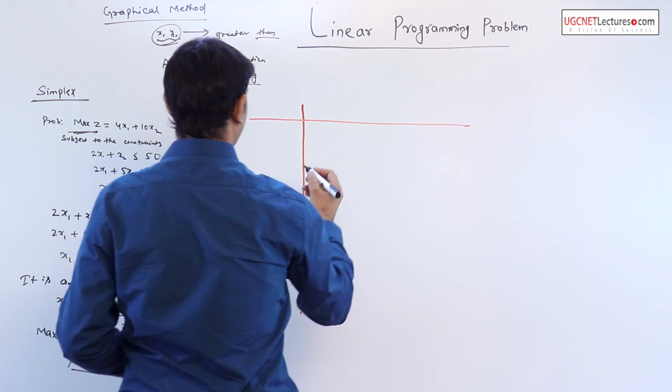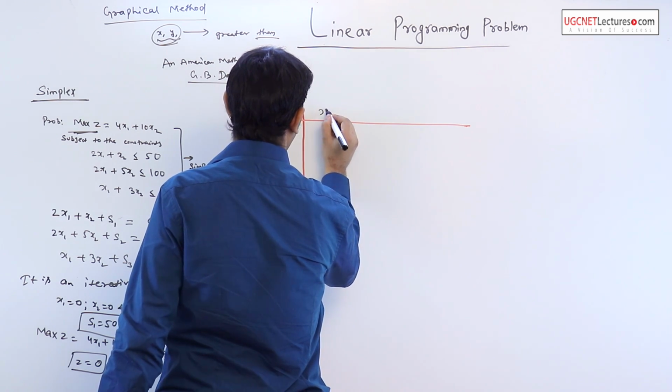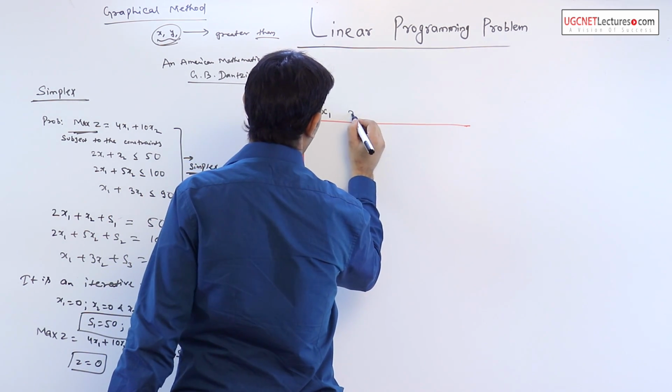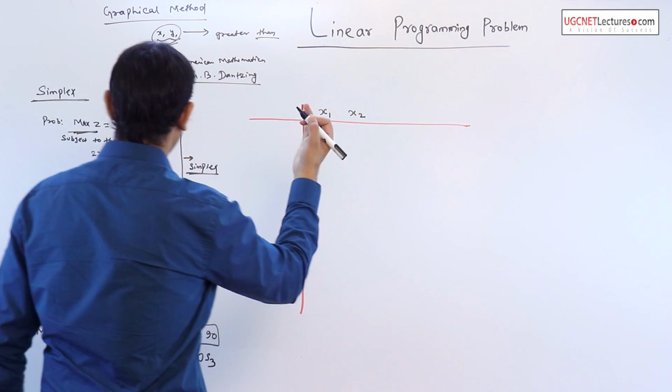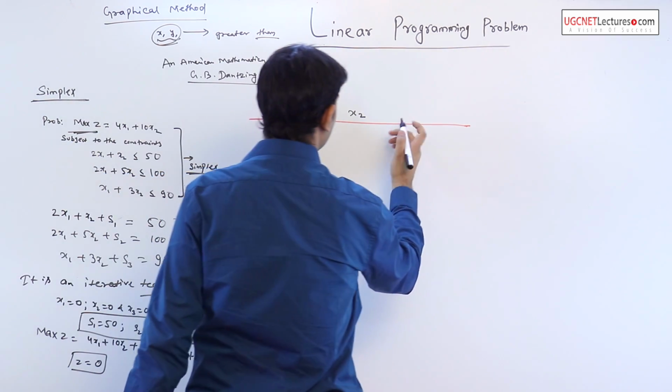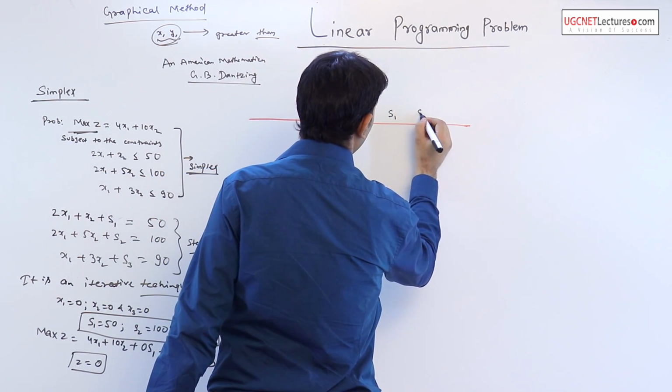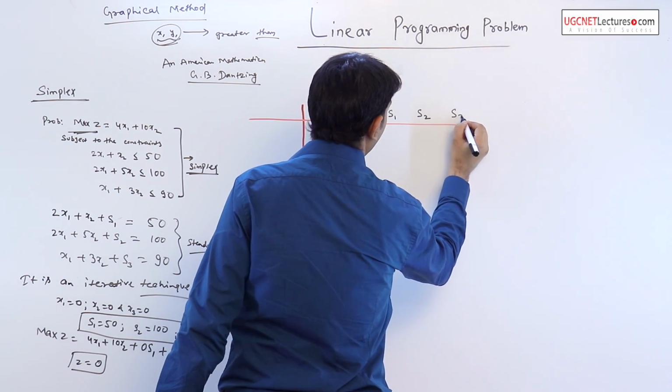First we have to write the decision variables and their coefficients: x1, x2, s1, s2 and s3.